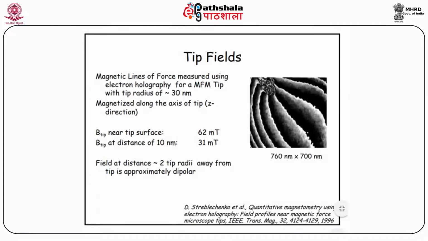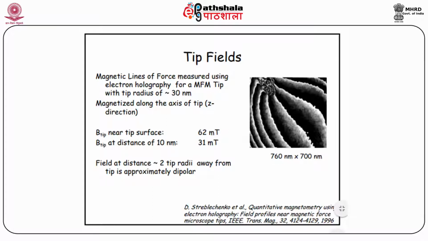Tip effects. A diagram is given where the non-contact mode has been used, and the magnetic lines of force measured using electron holography for an MFM tip with a tip radius of 30 nanometers, magnetized along the axis of the tip, the z direction.